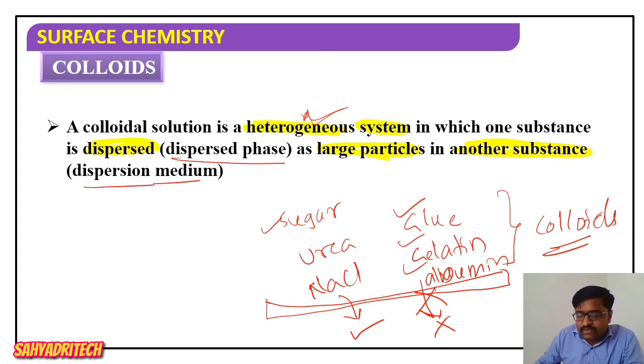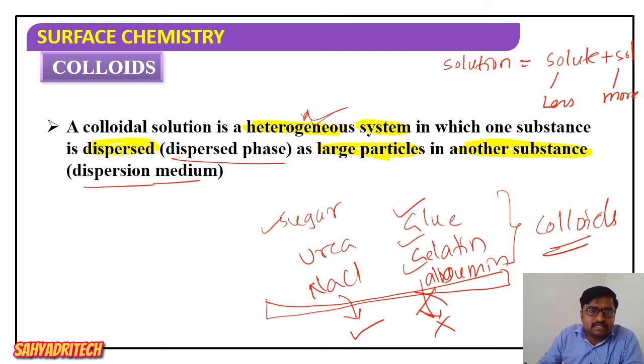Just as we say in solutions, a solution is made up of two types of substances: solute, which is present in less quantity, and solvent, which is present in more quantity. Similarly, a colloid is also made up of two types of substances: the dispersed phase and the dispersion medium.